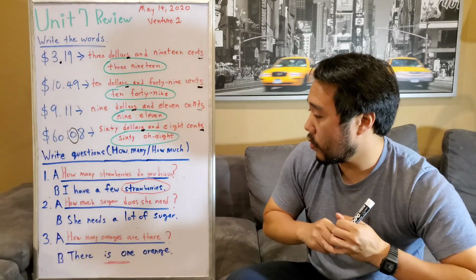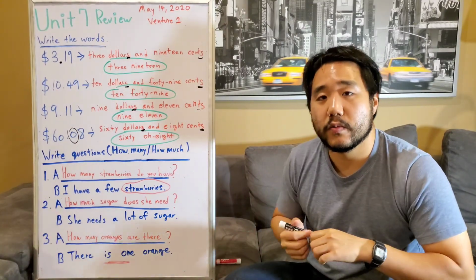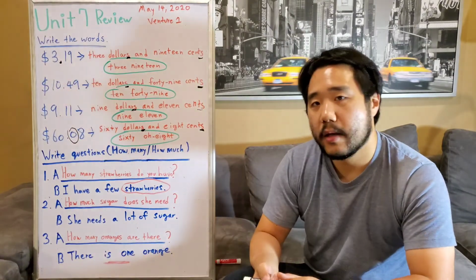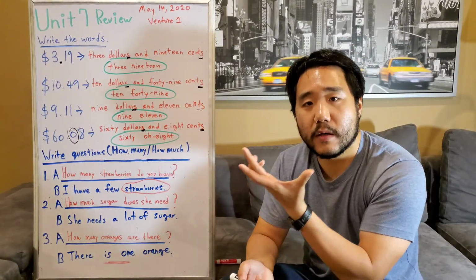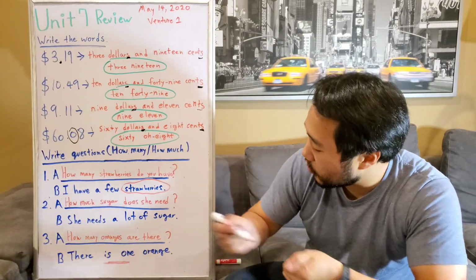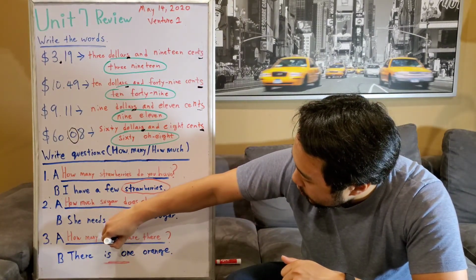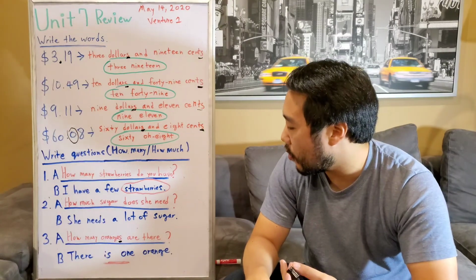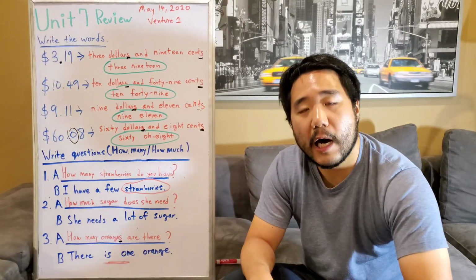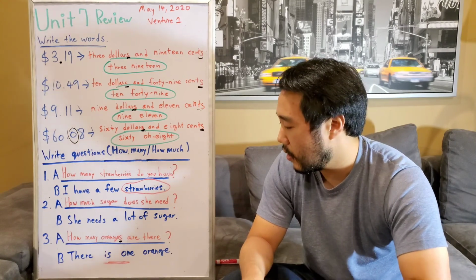So there's one orange. If it's countable, as I said before, we use how many. So how many, and then the noun has to be in plural form. So how many oranges? Here we have an S to show the plural form. And then we have to say, how many oranges are there?